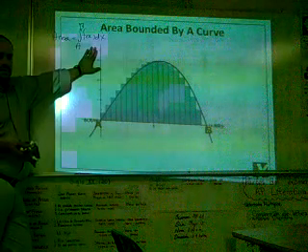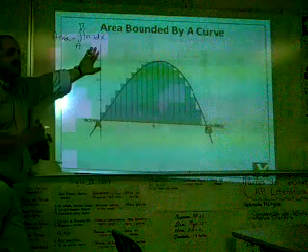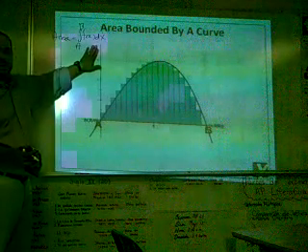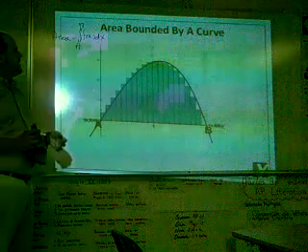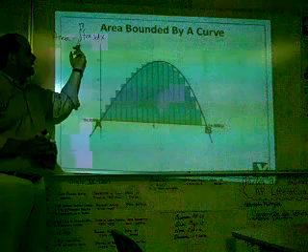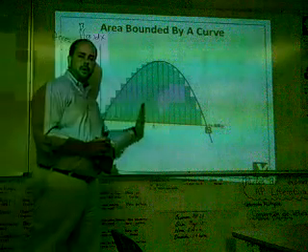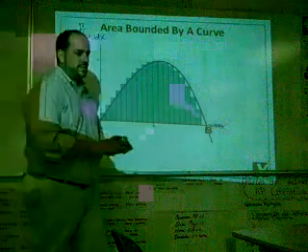You could use properties of integrals. You could use the fundamental theorem of calculus. Lots of ways to go about getting this area. But we need to keep in mind, all throughout the rest of the problems, that the integral gives us the exact area underneath the curve from a starting point to an ending point. We're going to work through some more complicated problems and we'll see how that goes.